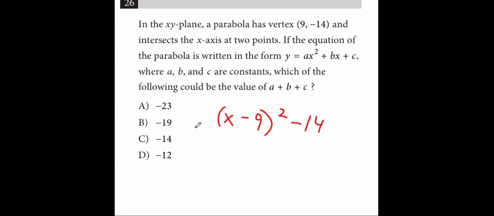We have some a value at the beginning because we don't know the 2 points it intersects. This a value just affects how wide the curve is. These both have the same vertex, but the a value affects how wide it is. So we don't know that value yet.